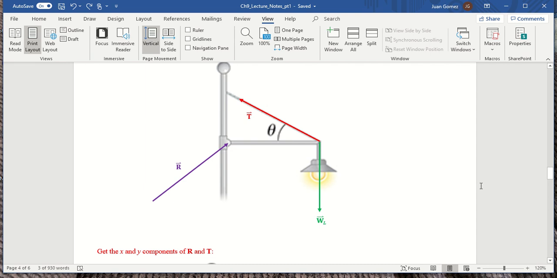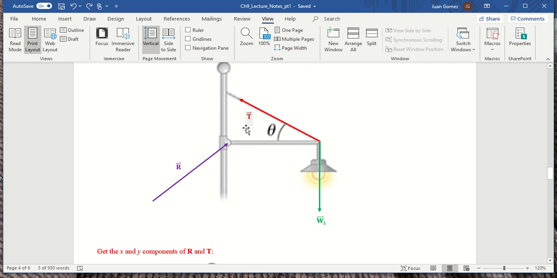So the rule of thumb is the reaction force acts where the beam makes contact with the light pole. You always draw it as if it's in Q1. Assume its X and Y components are both going to be positive, whether or not that's actually the case, we don't care. Okay? So T, weight of the light, R.